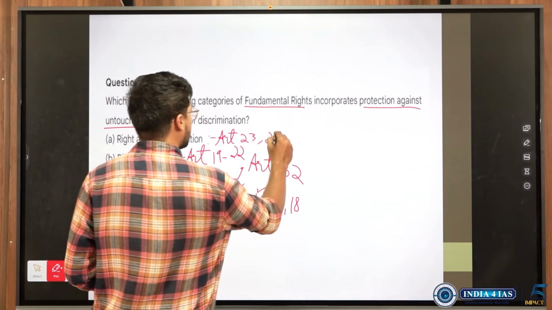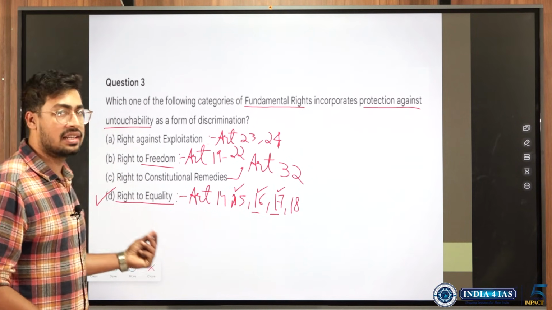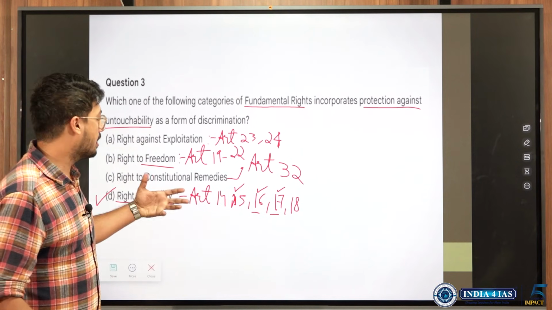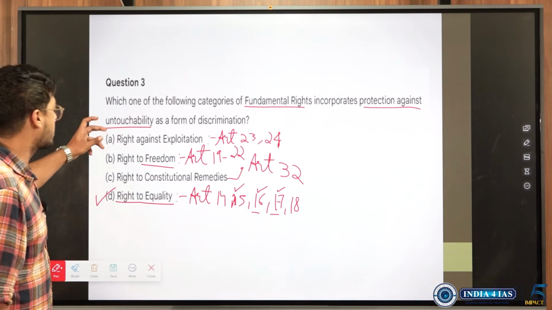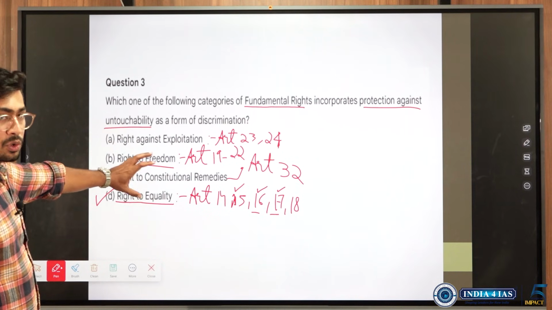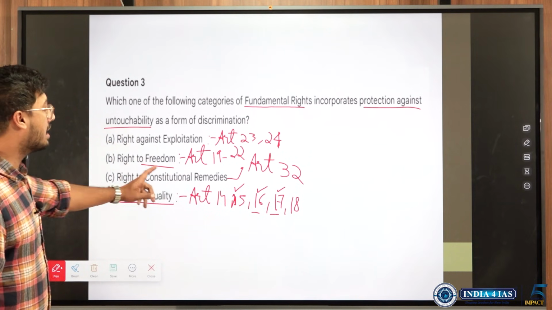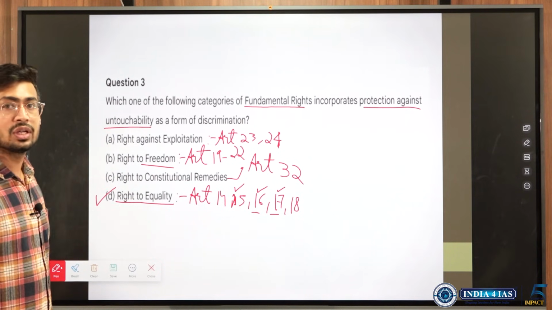So in the first instance, when we see protection against untouchability, we might look for Article 17 in the options, but when we see right against exploitation and right to freedom, we realize they are broadly speaking categories. Articles 19 to 22 come under this category. So in that sense this is right to equality.